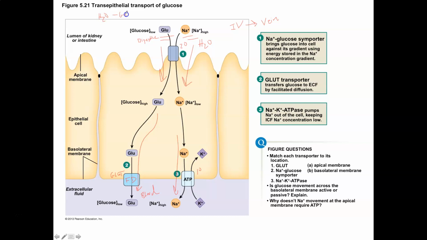But drinking water mixed with salts, like sodium chloride, and sugars is better, because we can see that the transport of those salts and sugars will also begin to draw water across those epithelial cells. So that's the end of transport.